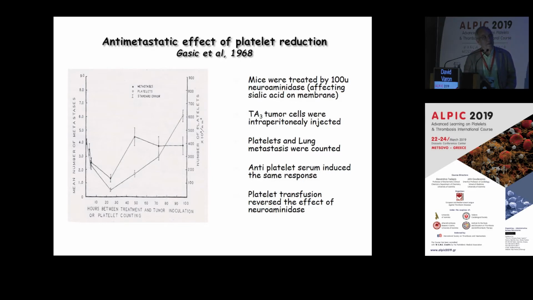This was tested in the lung. The platelets were decreased artificially by antibodies or by chymotrypsin to make them not functional. So platelets were shown for the first time at that time to be involved in cancer progression.